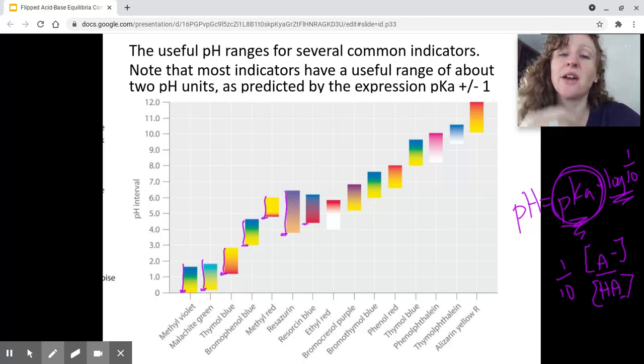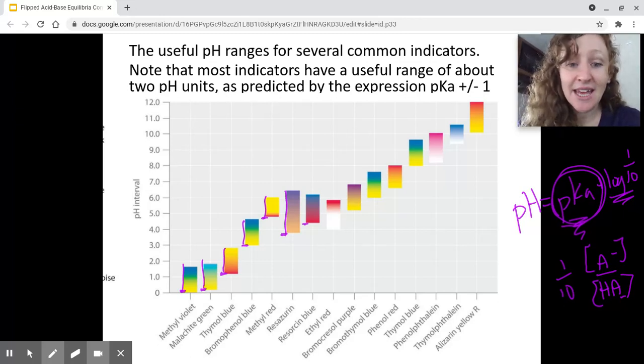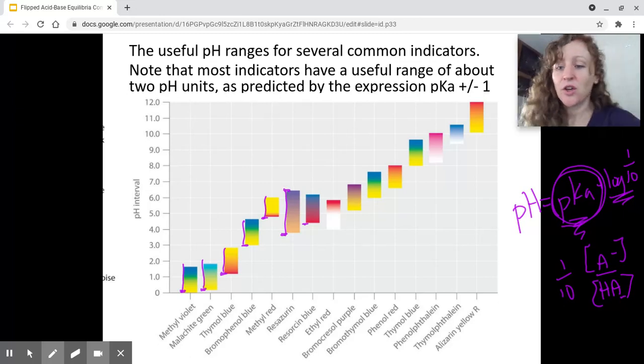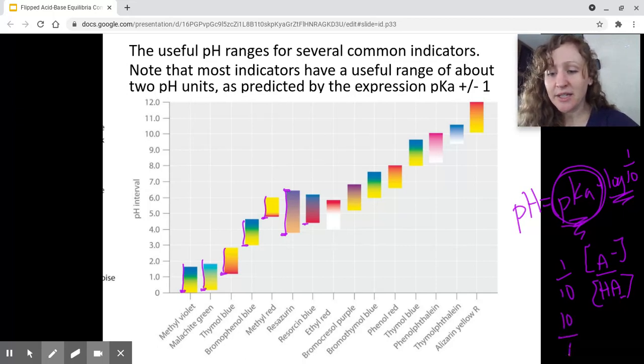That's why you actually have to go through the process of figuring out what the pH of your equivalence point is going to be, so you can match it with the correct indicator that's going to actually change color over that range. You can see it ends when you're at a ratio of about 10 A minus to 1 HA.